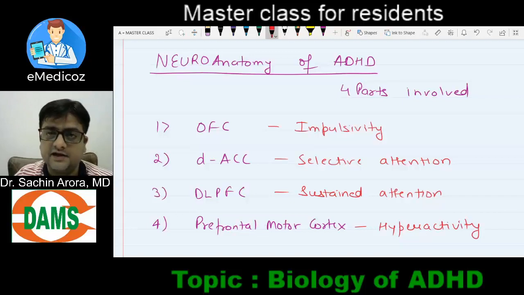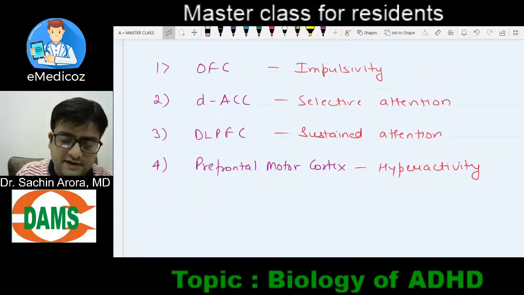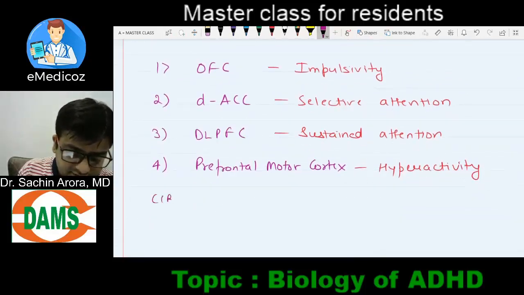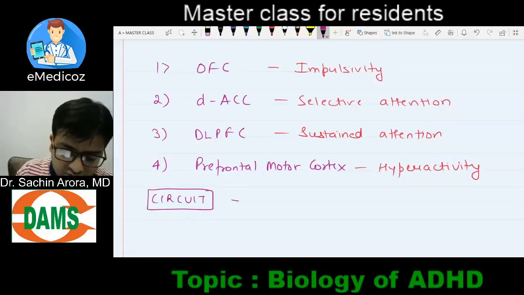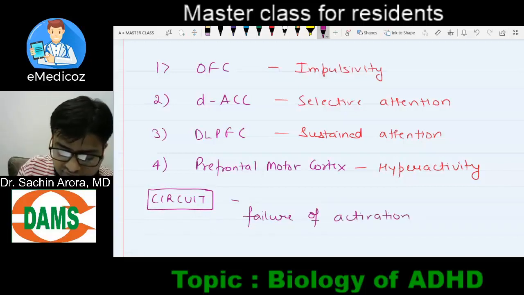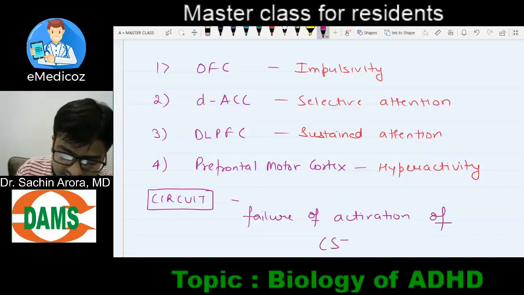Then the next heading you are supposed to give is circuit. ADHD is caused due to failure of activation of CSTC loop.